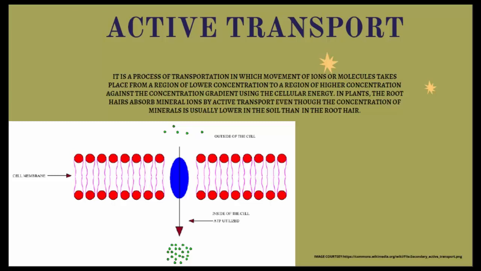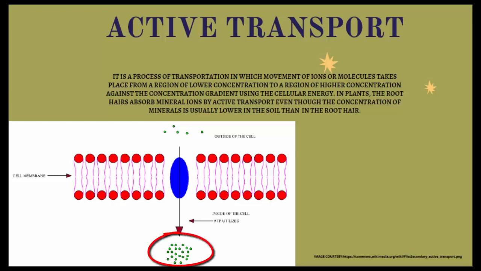In this diagram we can see that the concentration of molecules is much less outside of the cell, and the concentration of molecules is much more inside of the cell.